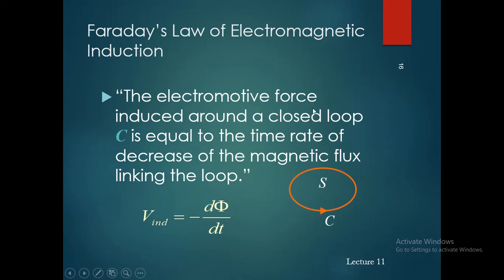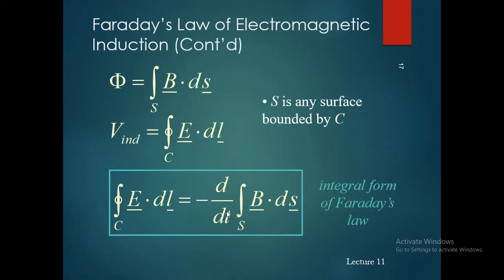The electromotive force induced around a closed loop C is equal to the time rate of decrease of the magnetic flux linking that loop, that is V induced equal to minus d phi by dt.